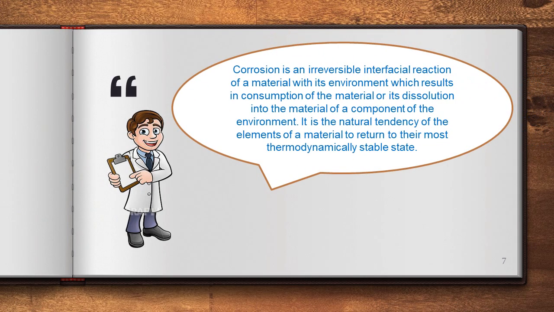Corrosion is an irreversible interfacial reaction of a material with its environment which results in consumption of the material or its dissolution into the material of a component of the environment. It is the natural tendency of the elements of a material to return to their most thermodynamically stable state. According to West.